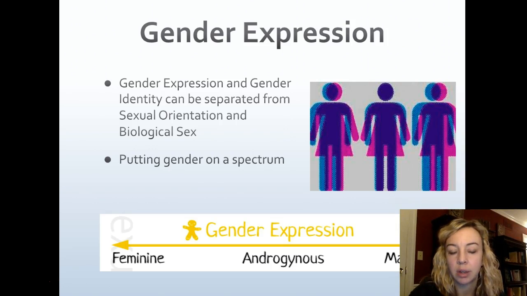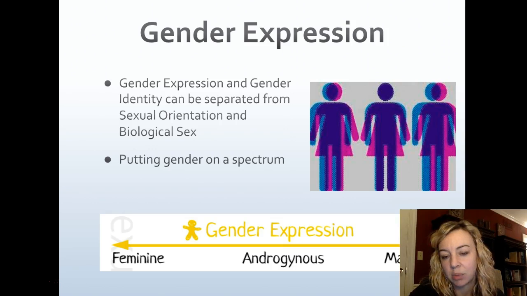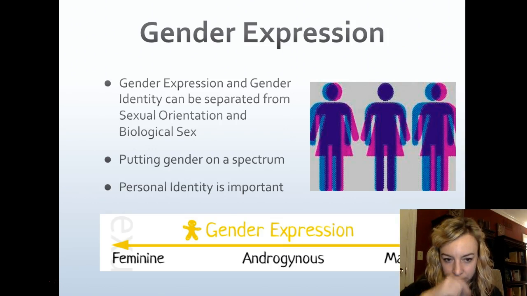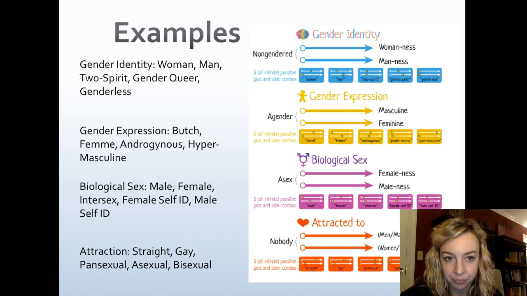We already talked about this a little bit, but gender expression, the way that you talk, the kinds of activities that you do, your behavior, your expressions, can be on a range from feminine to masculine, with more androgynous in the middle. And then, of course, someone's personal identity is incredibly important. Each person defines this for themselves and will find, hopefully, a place that feels comfortable for them.